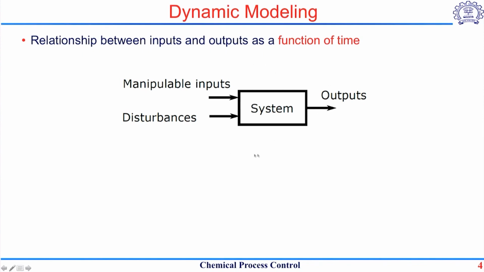So, that way these two functional relationships between disturbance and output, and manipulated input and output, would help us design a control strategy so that the disturbance can be rejected.